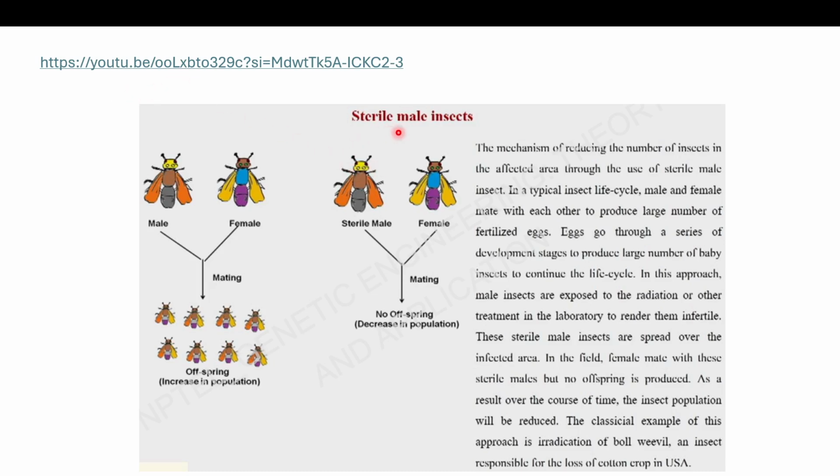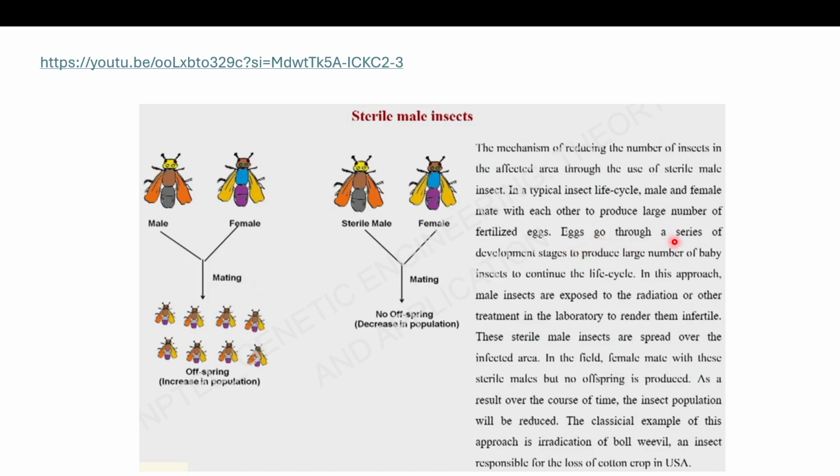Basically what one does is create sterile male insects. This is the mechanism of reducing the number of insects in the affected area via the use of sterile insects. In a typical insect life cycle, the male and female mate with each other to produce a large number of fertilized eggs.